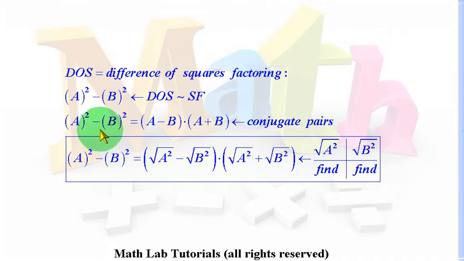Now, the difference of squares factoring formula usually is presented like this. a squared minus b squared, where the a and the b can be anything, is equal to a minus b times a plus b. Notice that these are called conjugate pairs. So a difference of squares factors as conjugate pairs. If you were to re-expand the right-hand side using bullet, bullet, target, target, you get a dot a, which is a squared.